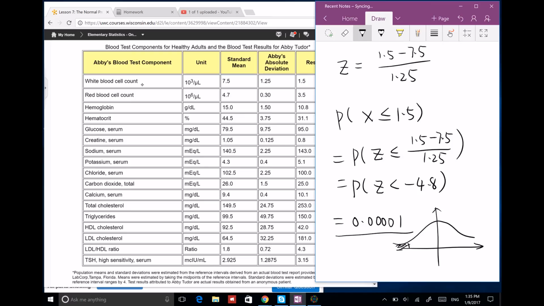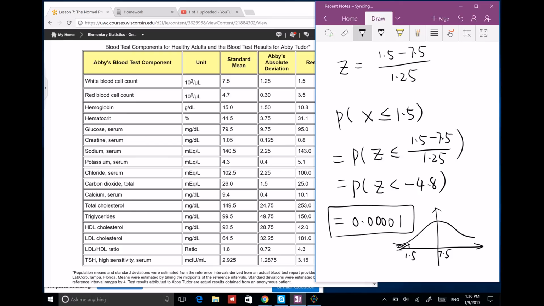So Abby has a big problem with her white blood cell count, because it's way below 7.5. Only 0.00% of people will have this happen, but it happened to Abby, which means she needs to pay attention to her white blood cell count. Okay, this is for the below average.